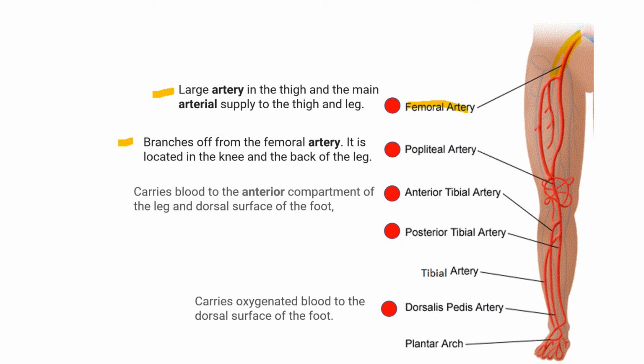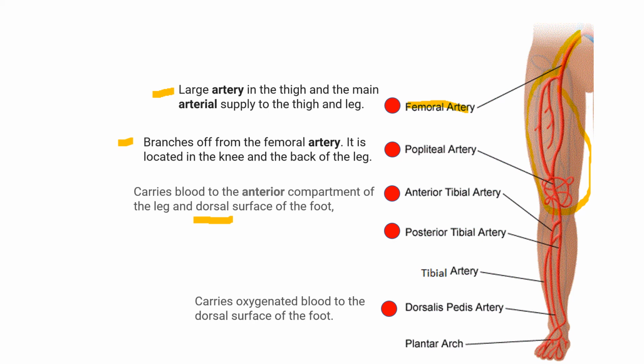and of course, ultimately, that's going to supply oxygenated blood to the leg. And then you have the anterior tibial artery, which carries blood to the anterior component of the leg. Remember anterior, and dorsal, which is kind of the back. As I use these terms, think about the body planes that you learned earlier this academic quarter.